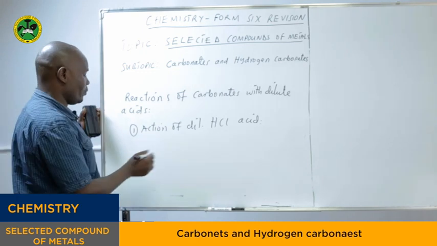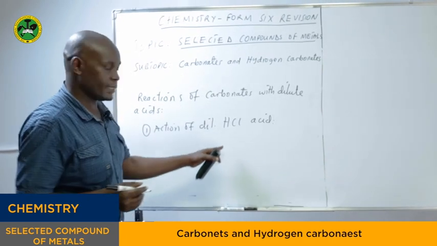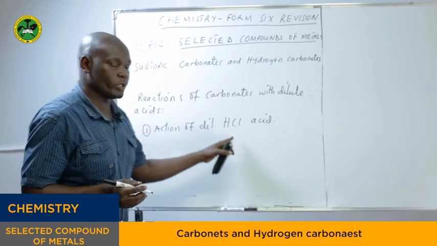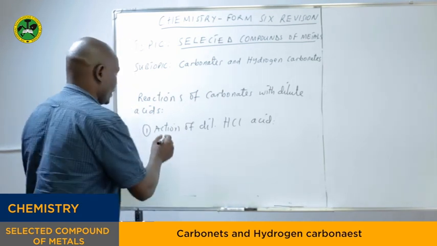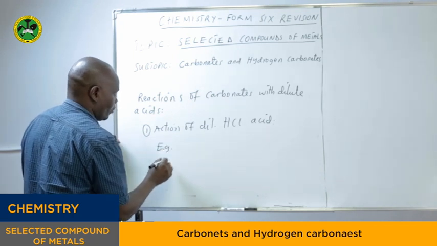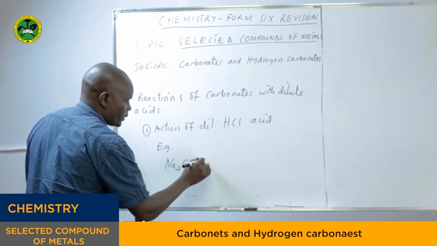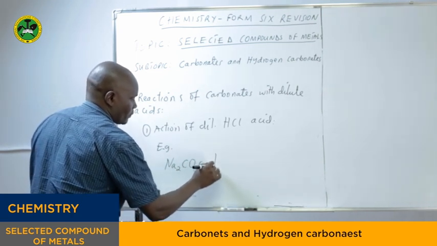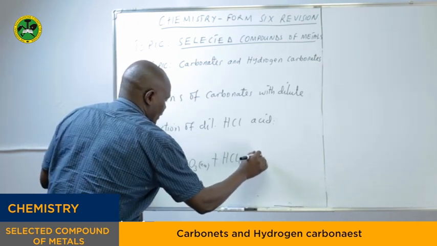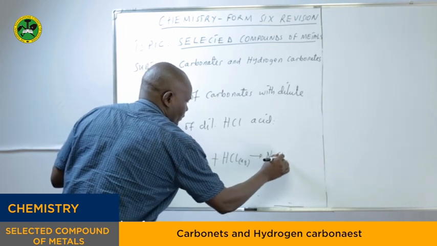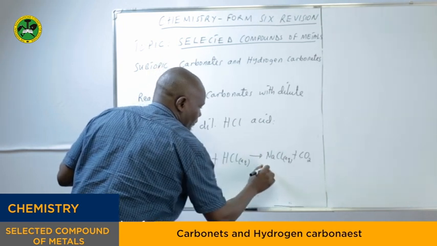Here, all carbonates react with dilute hydrochloric acid, resulting in the formation of a solution of their chlorides, carbon dioxide, and water. Taking an example of sodium carbonate, when treated with hydrochloric acid, the resulting products will be sodium chloride plus carbon dioxide plus water.